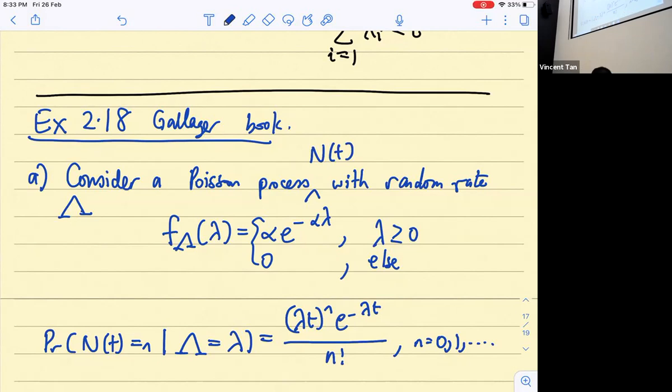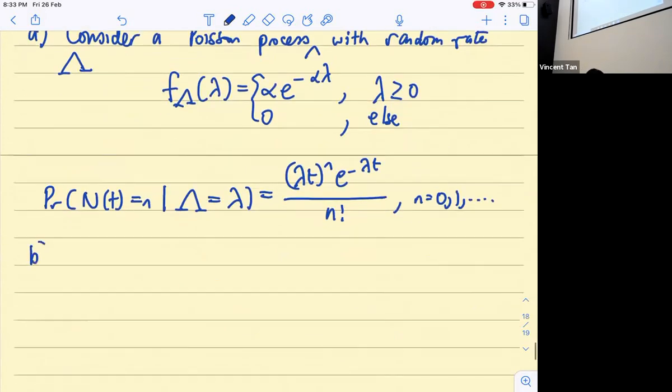What's the exercise? This is where it gets interesting. The probability of N(t) equals n. So what would you do? I already said this just now, maybe 2 hours ago. What would we do?